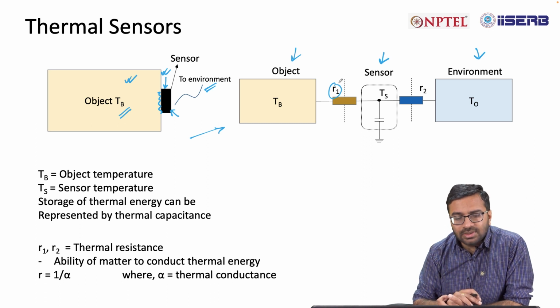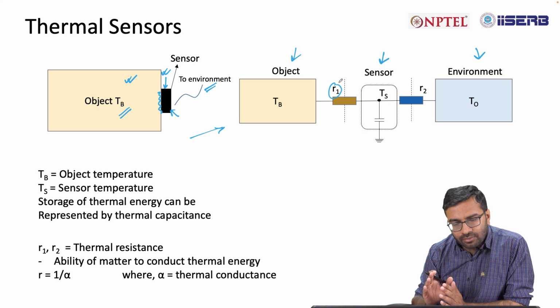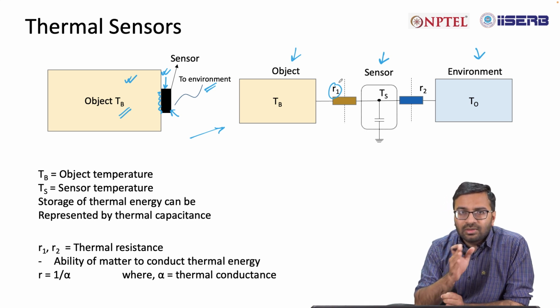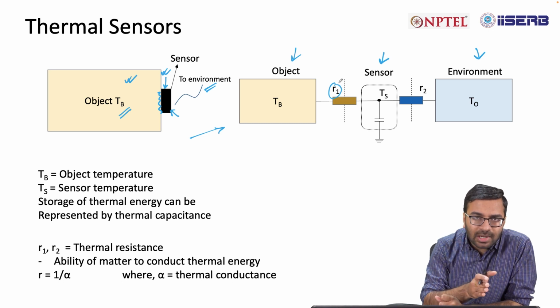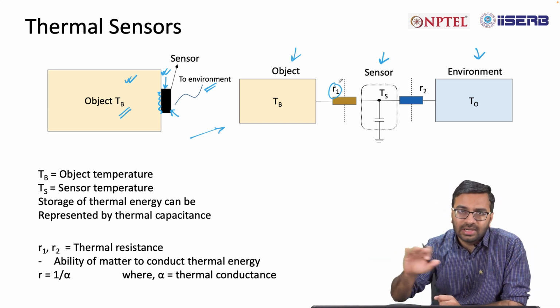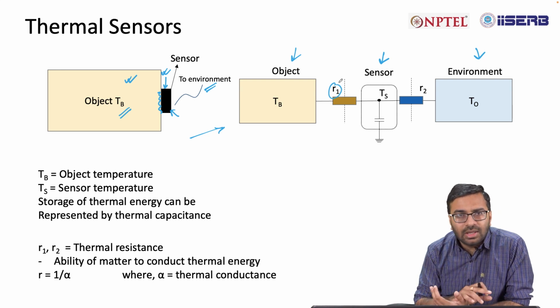So what is thermal resistance? Thermal resistance is the phenomenon which restricts thermal energy or heat energy from passing from one side to the other, or through a certain medium, which is equivalent to electrical resistance.